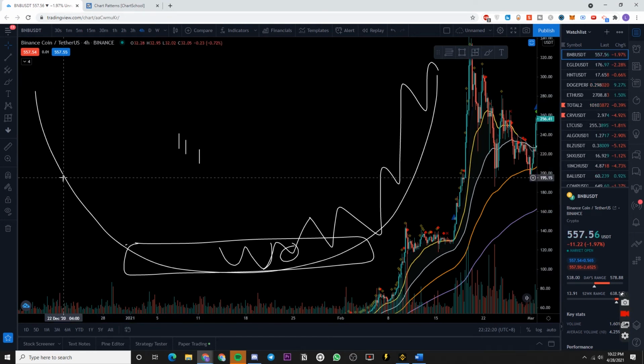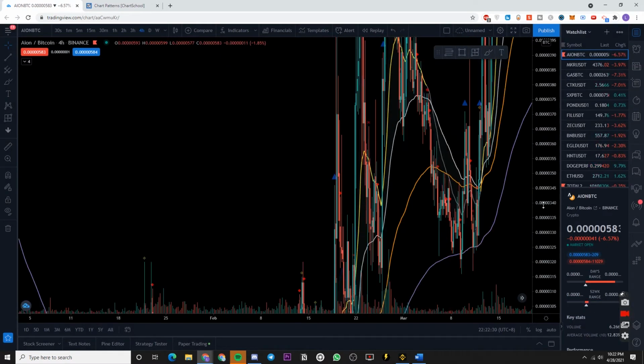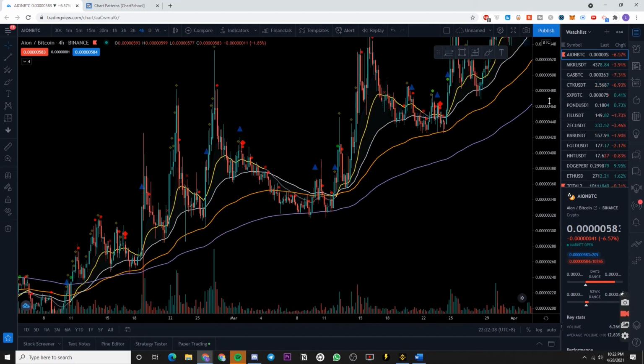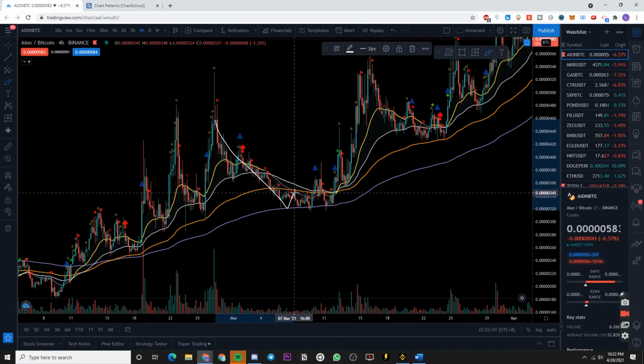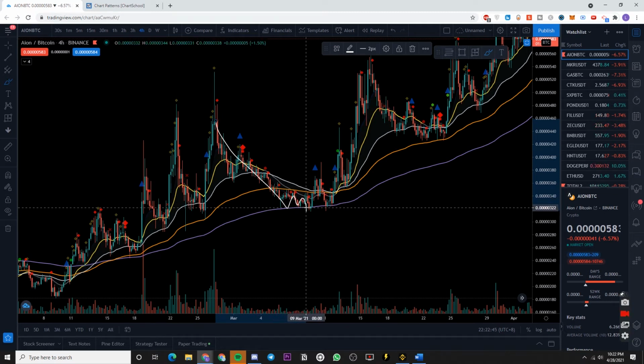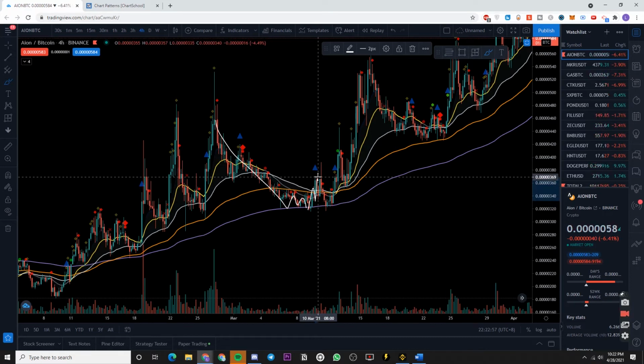So just to put this into perspective, I am going to go into a trade that I've taken recently based on this rounded bottom pattern, which is on Aeon Bitcoin. So notice here how the price kept coming down, down, down, down, down, and then it sort of reaccumulated, right? This is accumulation. And then you see the first higher low, and then you see a higher high. So if you wanted to enter a rounded bottom, you would have entered on this higher low right here.